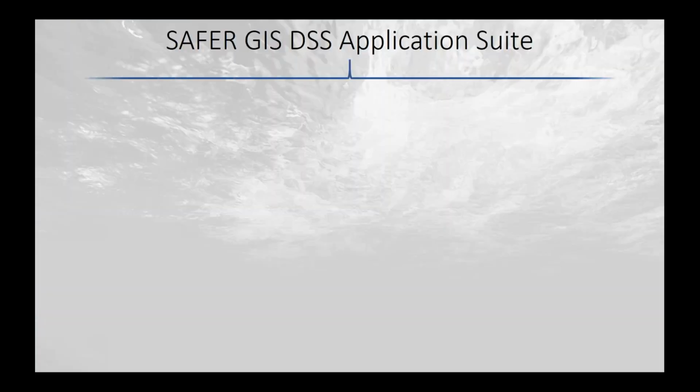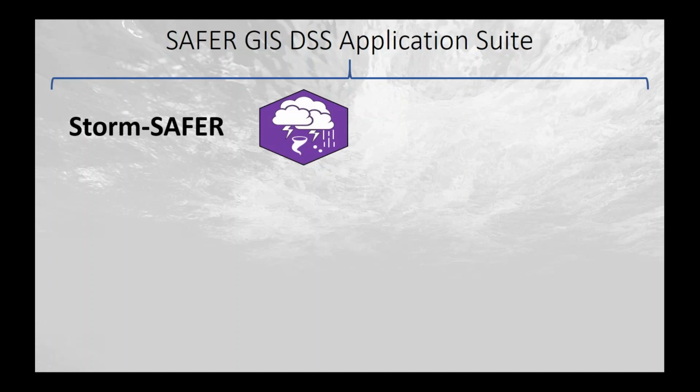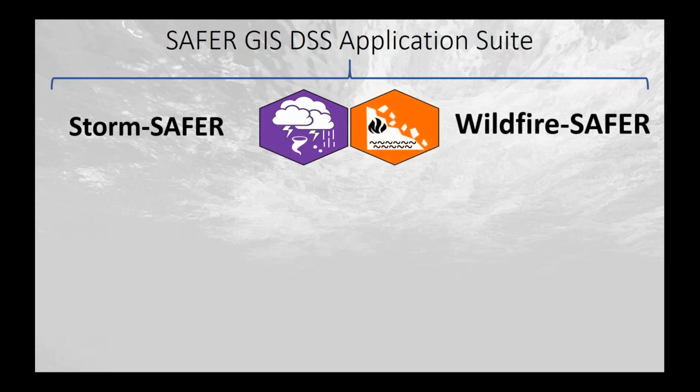To encapsulate SAFER in and of itself, it's broken off into several different applications that are specific to program and hazard areas. You have Storm SAFER that focuses on convective hazards, severe tornado, flash flooding primarily, and anything SPC related. Then you have Wildfire SAFER, where a fire starts, how fast it is growing, and what the perimeter burn scar looks like.